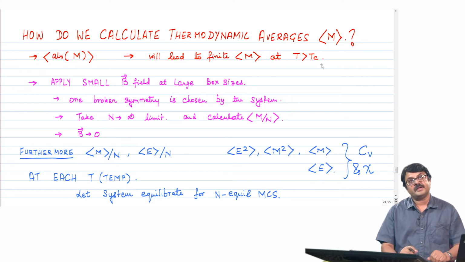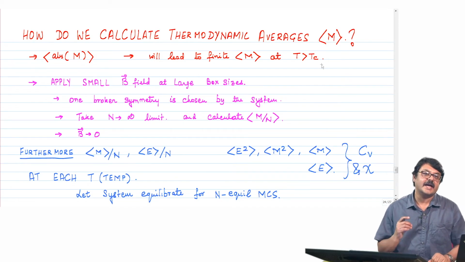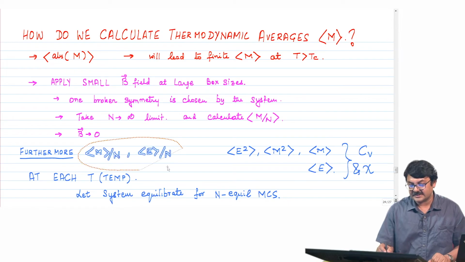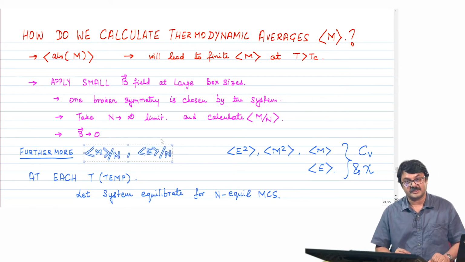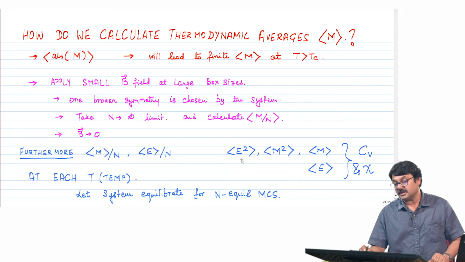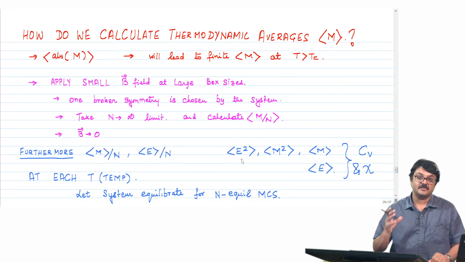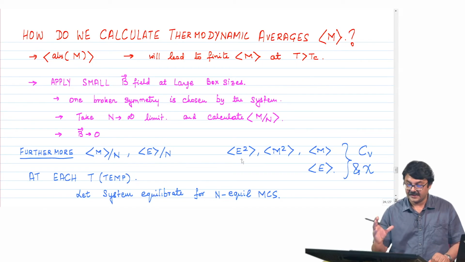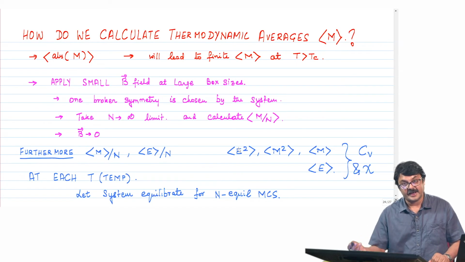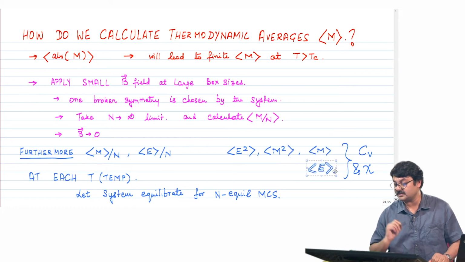So, till now what we have been doing is finding out how the instantaneous magnetization varies with the box size at different temperatures, how does it fluctuate, and so on and so forth. Now, to calculate the phase diagram, what we need is basically to calculate quantities like the magnetization per spin, the average energy per spin, or even the E square average, basically the energy of the entire system, not per spin, or the magnetization square average, as well as the entire magnetization of the box.